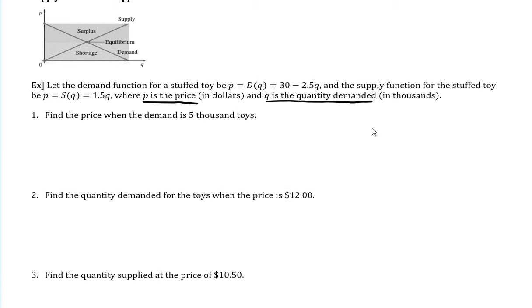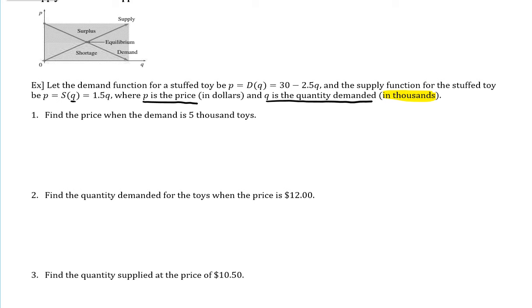In this scenario, Q is kind of like the X, where X would be if it was a normal function, and the P is acting like the Y. One other thing to note, let me highlight it: they're saying the quantity demanded should be in thousands. So we have to be careful of that. It's not just a regular old number, it's thousands.